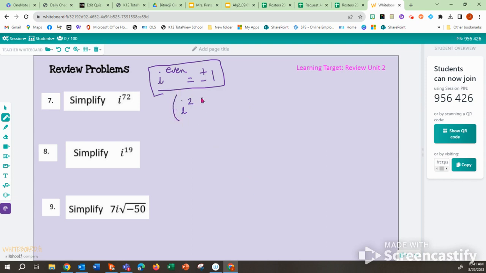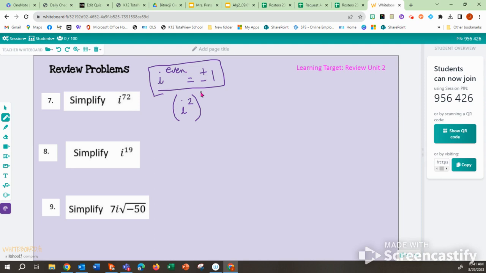Well, I can just rewrite this. I can't change the value. But remember our rule, when we have a power to a power, we multiply those together. So I'm going to figure out what power multiplies times 2 that gives me 72, because I can't change my problem, but I can change the way it looks.